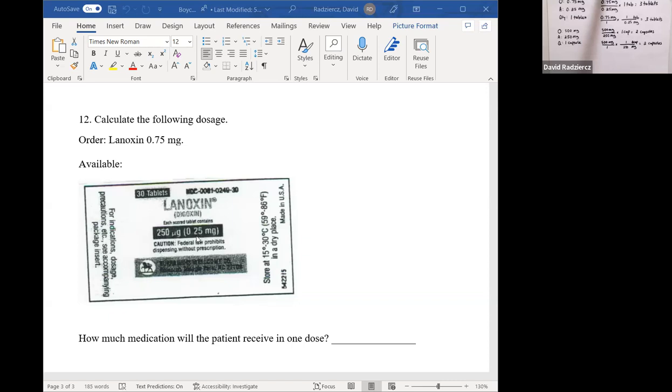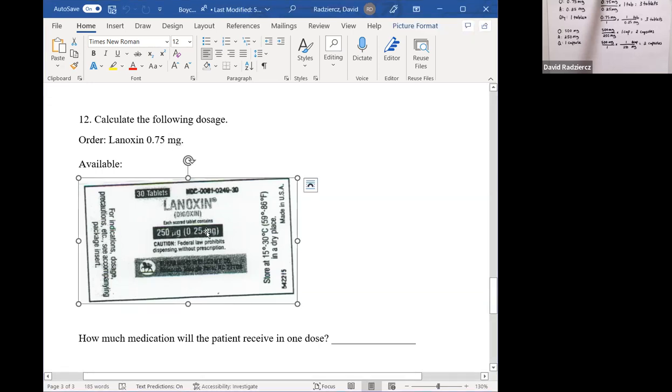The reason they have both here is because it's common for this medication to be ordered in either milligrams or micrograms, so they're going to give you both options, or you might see both. This question could also have been written as the order is Lanoxin 750 micrograms, but it said 0.75 milligrams. Since it tells us milligrams, we're going to use the milligrams on the label to solve this.